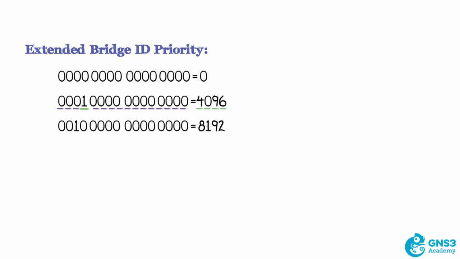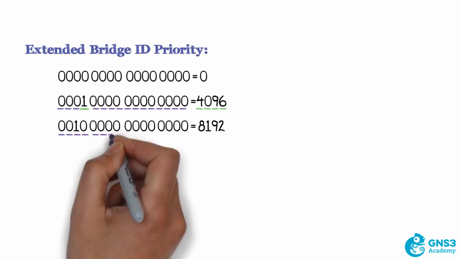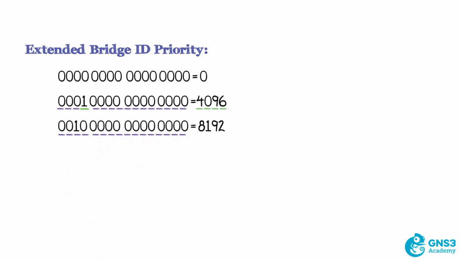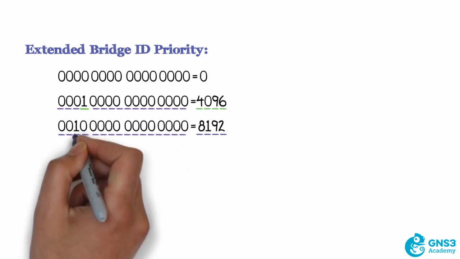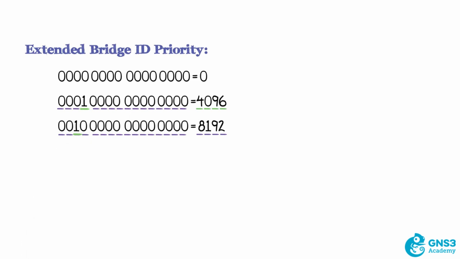If you set the bridge priority portion to 2, so 0010 in binary, and look at the full 16 bits or 2 bytes, it equates to 8192 in decimal. On some vendors' equipment, you can set the priority to 1 and it will automatically be converted to 8192, but on Cisco switches you need to set the bridge priority in multiples of 4096.